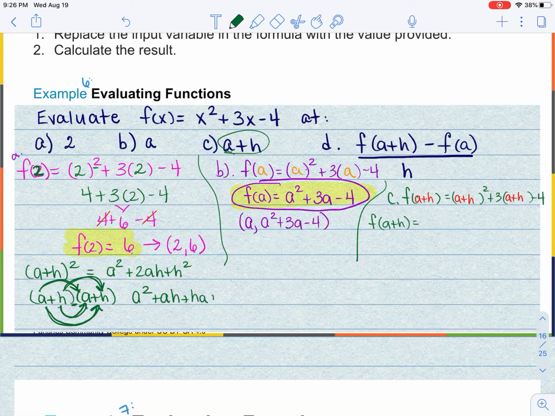And then we'll distribute the h to the h and get h squared. And then in the middle are our like terms. They're both ah's, because h times a is the same as a times h. So you have a squared plus 2ah, and then again h squared. So (a plus h) squared is a squared plus 2ah plus h squared.